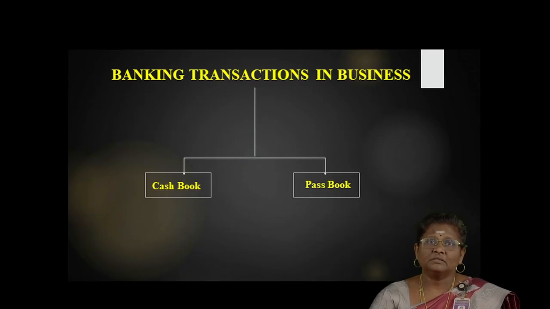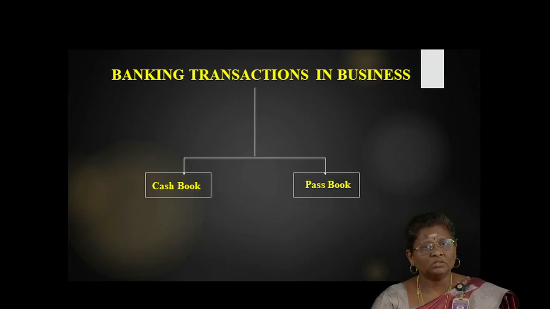Suppose we sent rupees 1000 to the bank, then we make an entry: bank account debtor to cash account, that is, bank account is debited and cash account is credited.